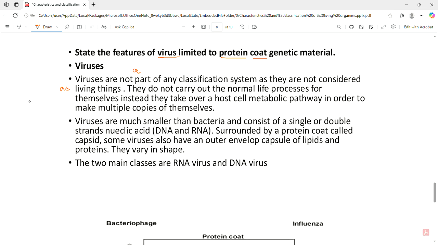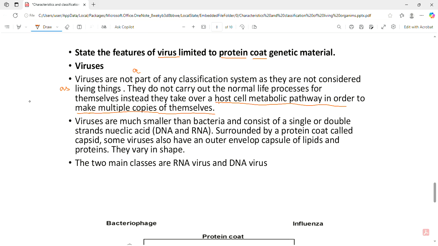But once they are in the host cell, they occupy the host cell's material and start living there. They do not carry out the normal life processes for themselves. Instead, they take over a host cell's metabolic pathway in order to make multiple copies of themselves. So once they are inside the host cell, they make multiple copies of themselves and then they spread the diseases.